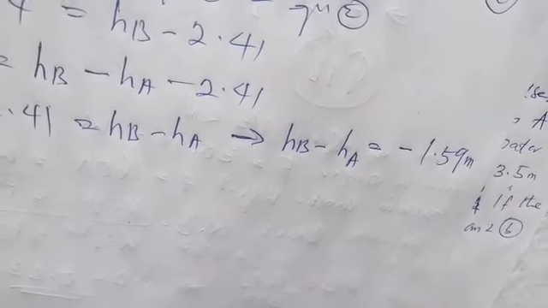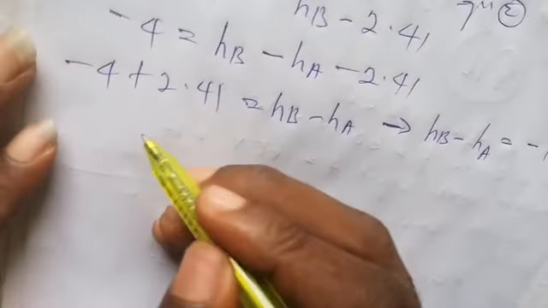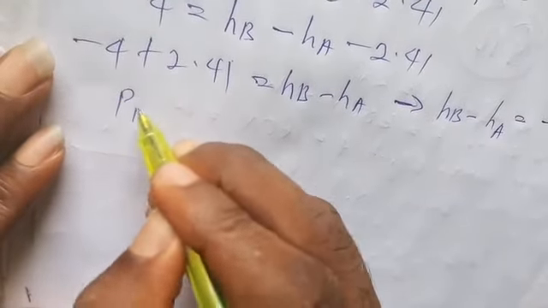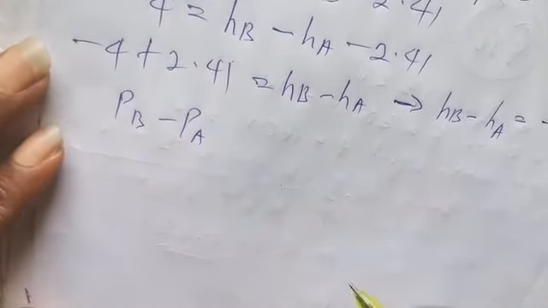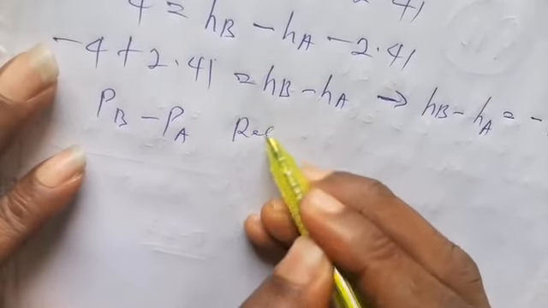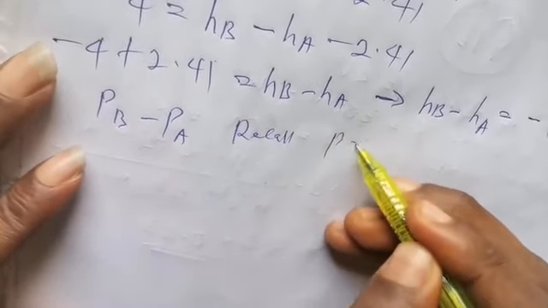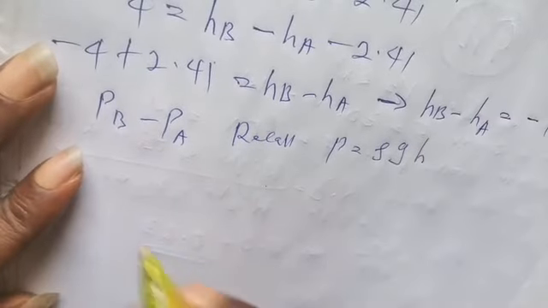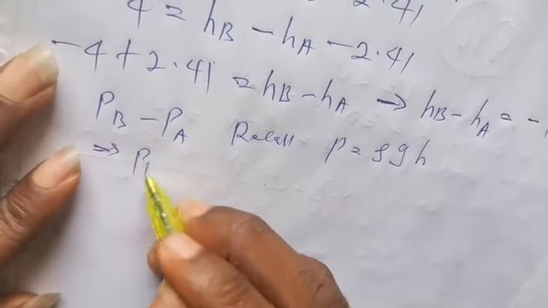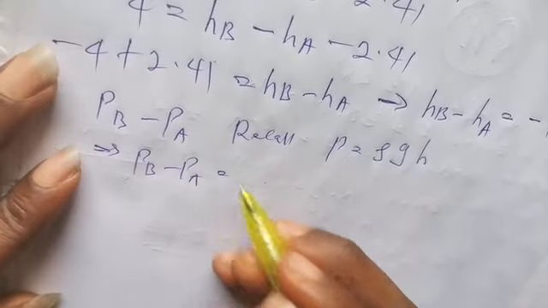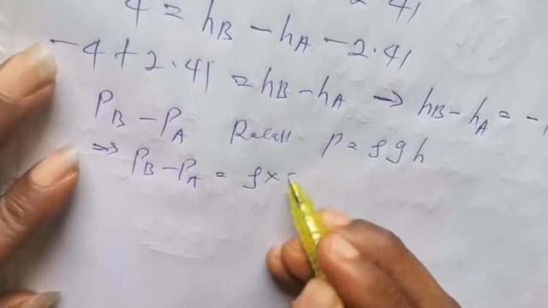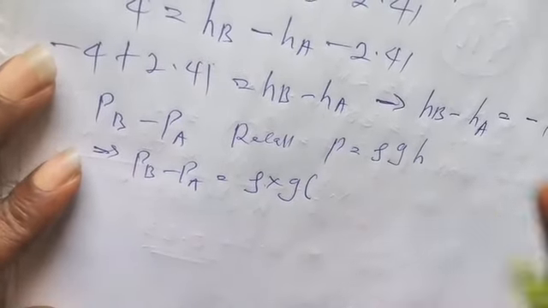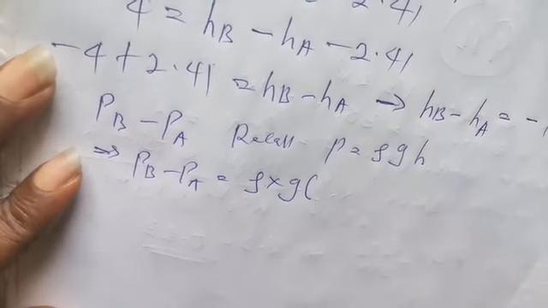But the question says we should find PB minus PA. To get this, you recall the equation that pressure is equal to density times gravity times height. So this implies that PB minus PA is density times gravity times the height, which becomes HB minus HA, which we obtained earlier.